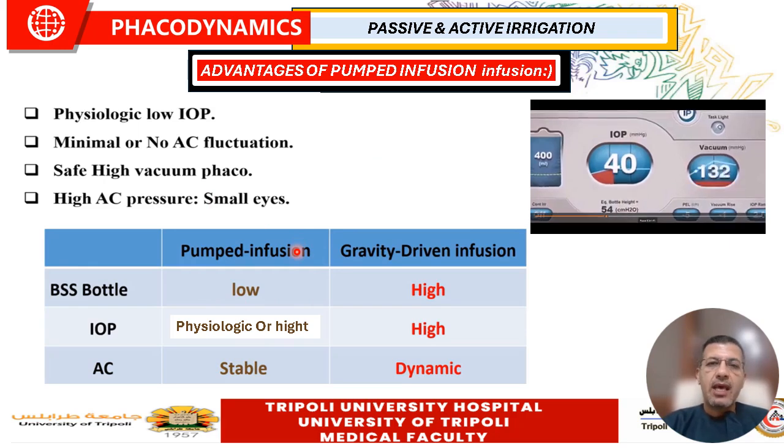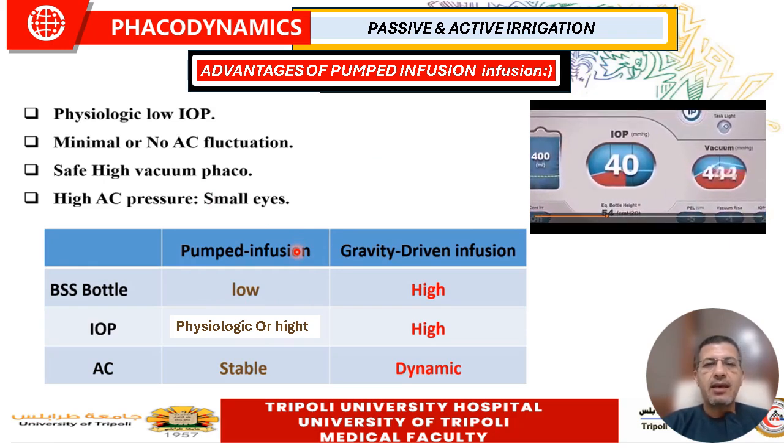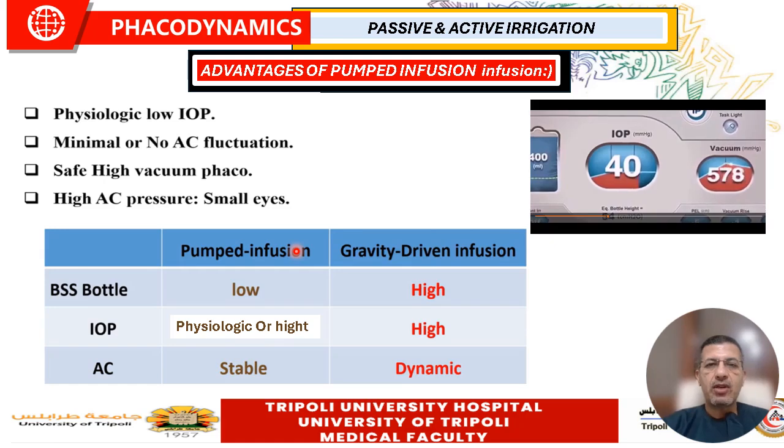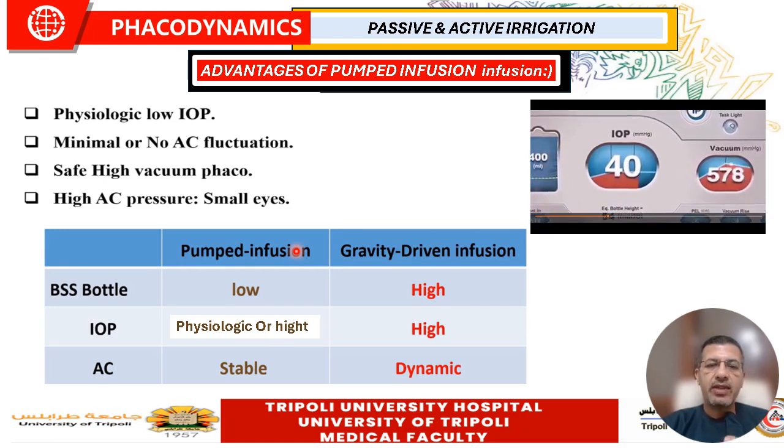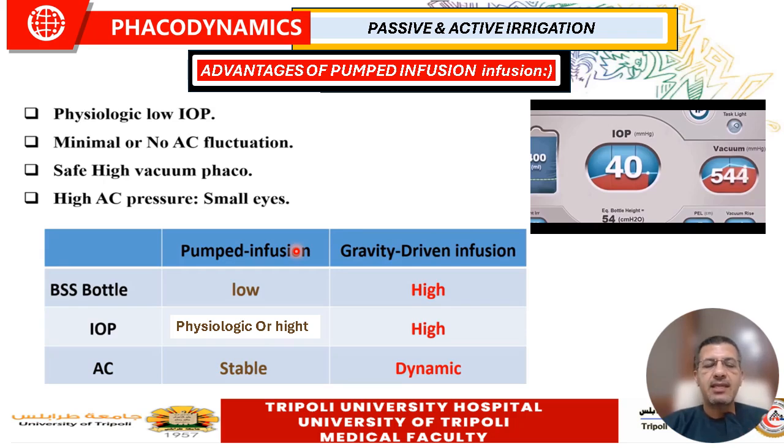Another thing is that in pumped infusion we have three types. We have the adaptive fluidics invented by Bausch and Lomb, in which there is injection of air inside the BSS bottle. And also we have the active fluidics invented by the Alcon company, in which the BSS bag is placed within two motorized plates that sense the fluctuation in the pressure and compensate moment by moment for any fluctuation in the intraocular pressure.